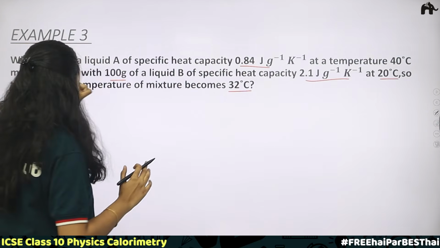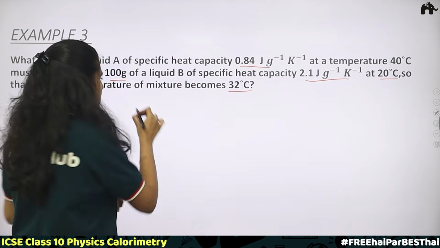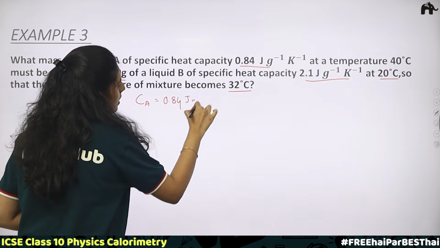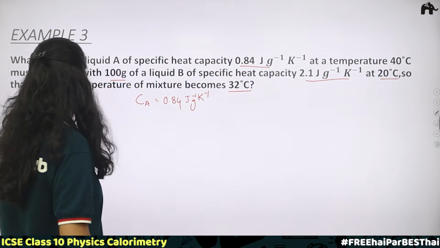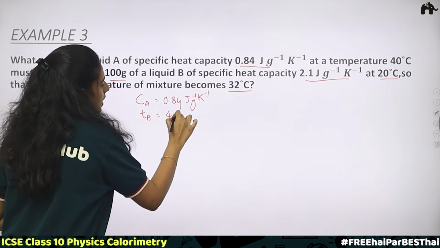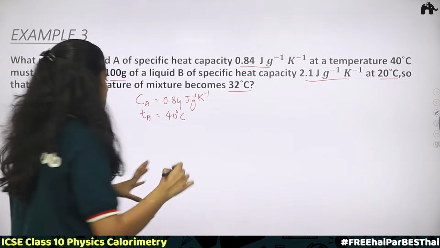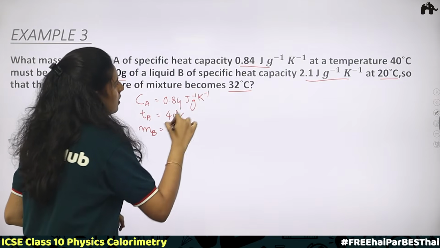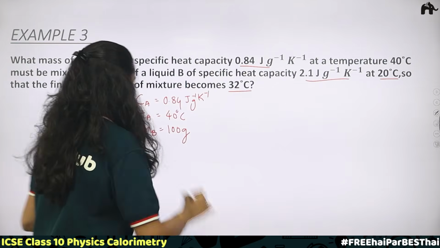What else is given? Specific heat capacity of A is given. Ca is equal to 0.84 joule gram inverse Kelvin inverse. At the temperature 40 degrees Celsius must be mixed, which means the temperature of A is equal to 40 degrees Celsius, with 100 grams of liquid B. So mass of B is equal to 100 grams, of specific heat capacity 2.1 joule gram inverse Kelvin inverse.